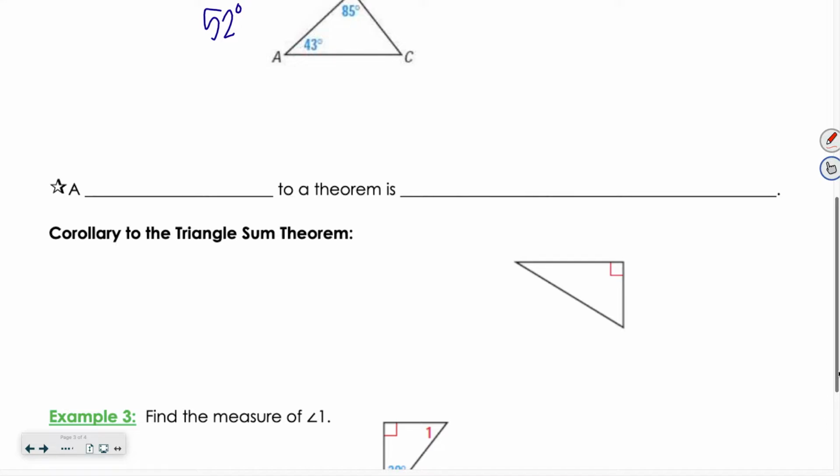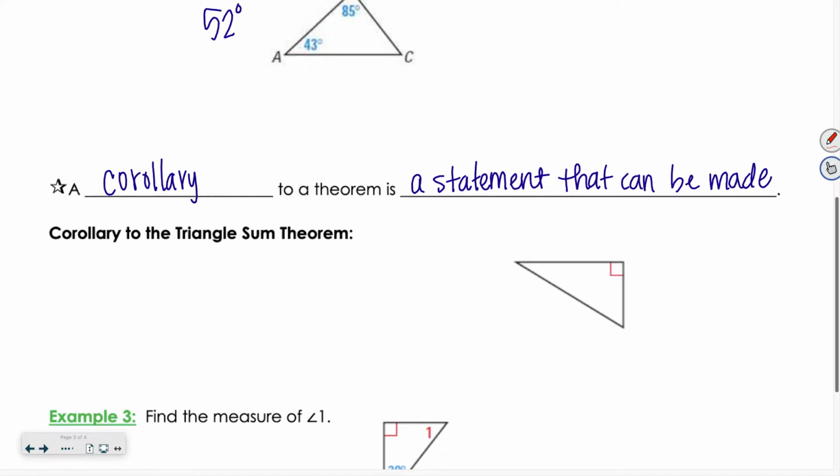A corollary to a theorem is a statement that can be made based on a theorem. Sorry, you're probably going to run out of room. So a corollary is not a rule, okay?